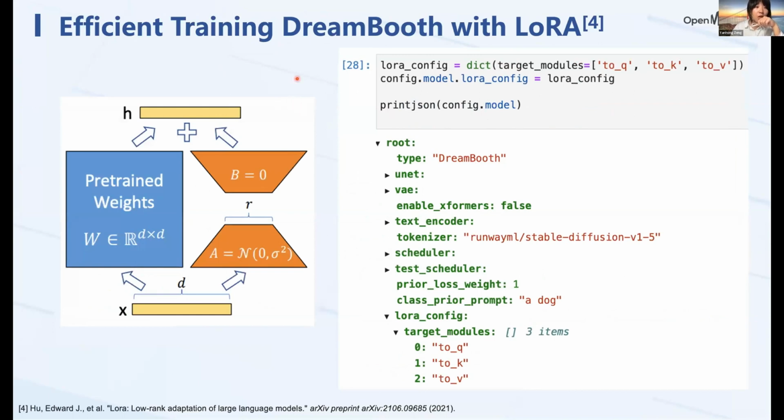And here in MMagic, we also support LoRA so that you can conduct efficient training for DreamBooth. Here you only need to train much fewer parameters for a comparable performance. And here to enable LoRA, we only need to set the LoRA configuration in the config model.